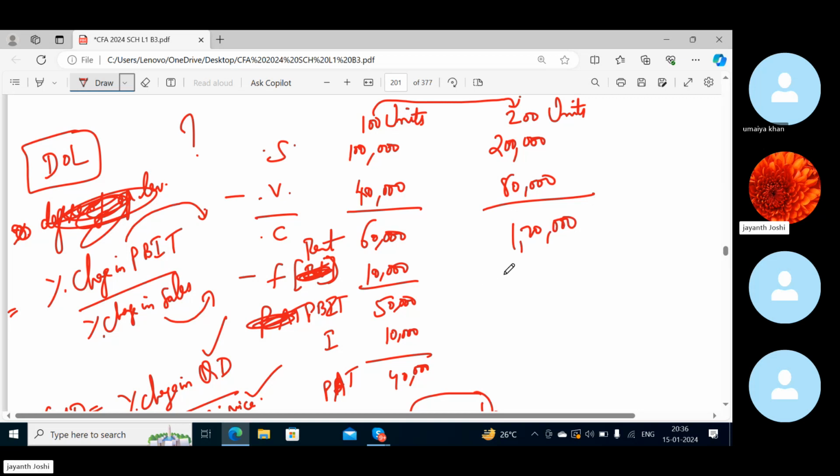Now you are going to see a very crucial thing. Variable cost has increased. What about the fixed cost? Is it going to increase? No, the fixed cost is going to be constant here.